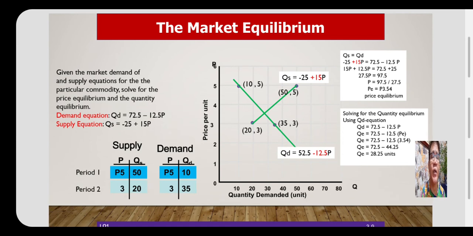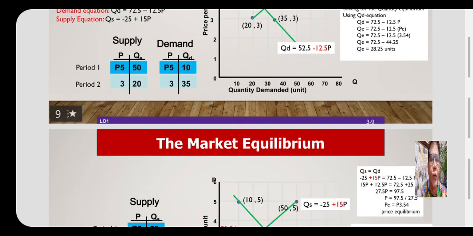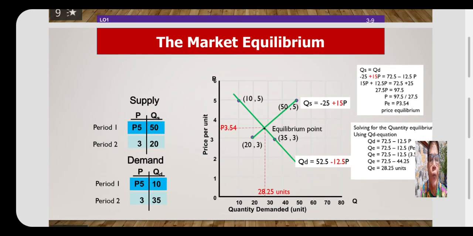You will notice that the point of intersection can be found specifically at the values of 3.54 for price and 28.25 units for quantity.